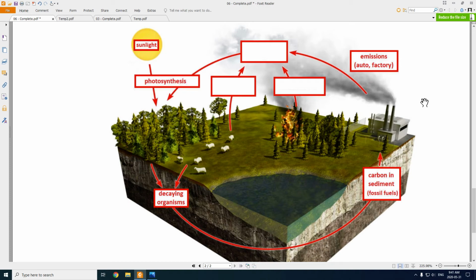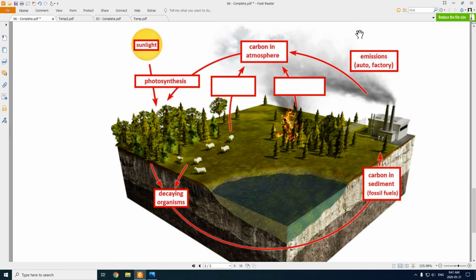So it's no longer stored, and it's now an emission from a factory or from an automobile, and it's released back into the atmosphere. There's our carbon in the atmosphere. Now remember that some carbon in the atmosphere is okay, but human activity is releasing much more than would normally be released.